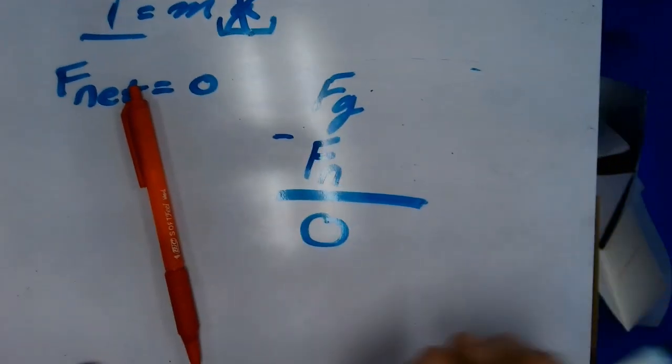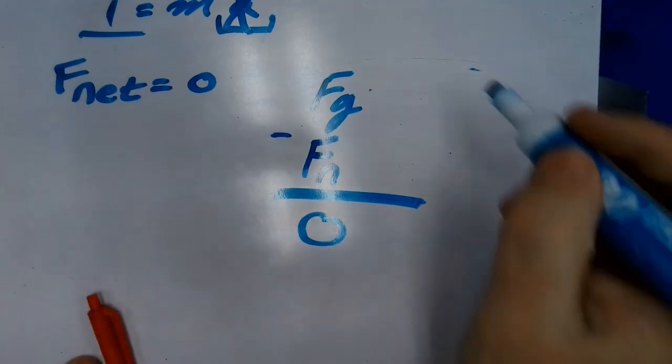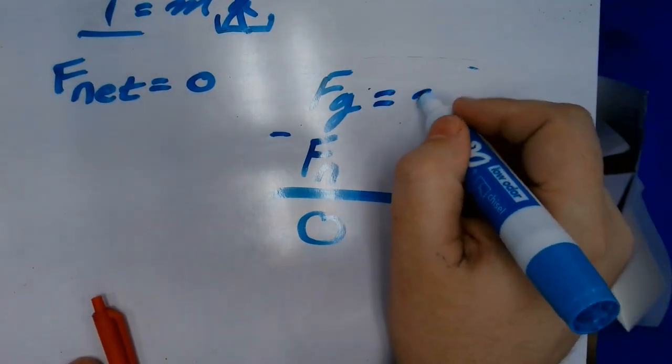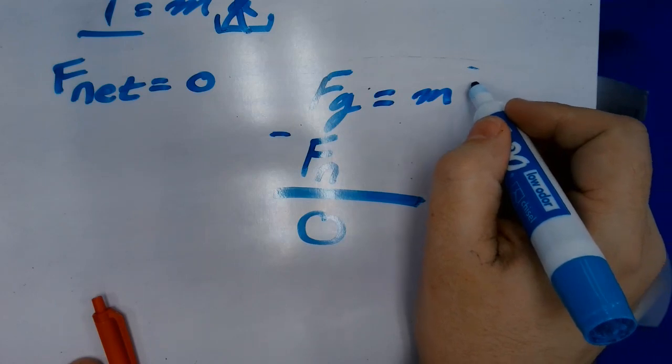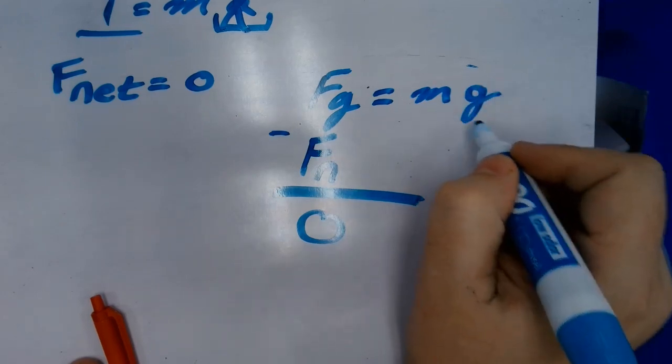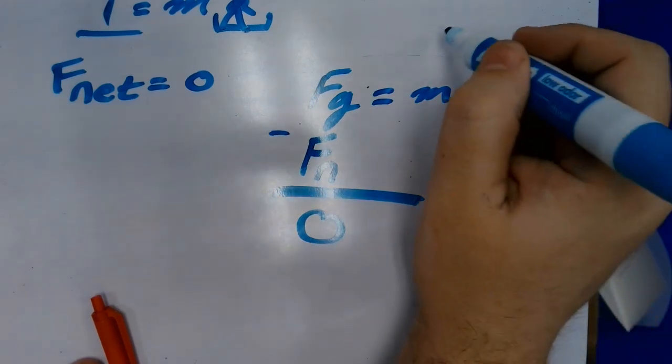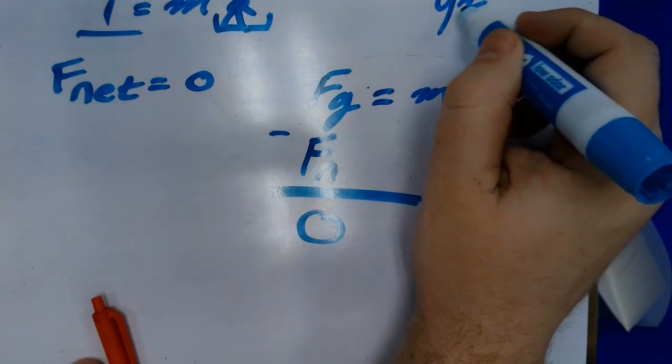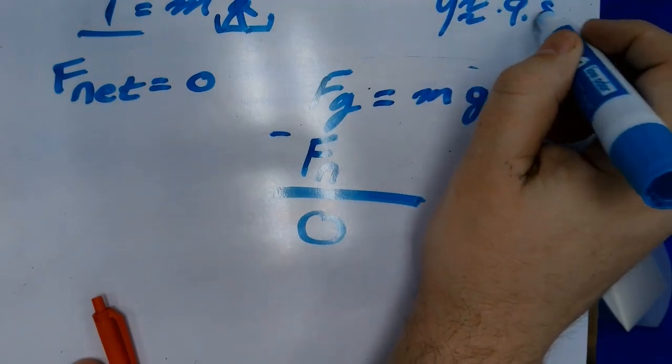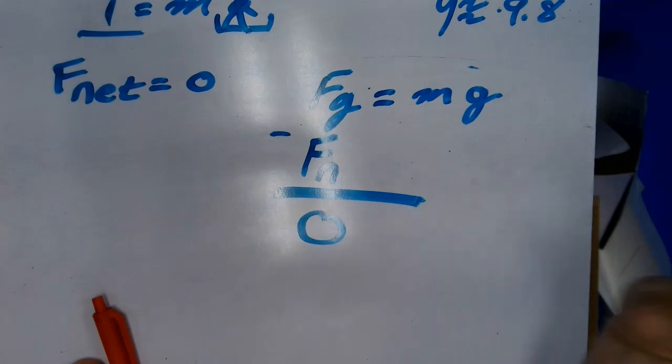Now, a very common mistake that students make is they see the force of gravity is going to equal the mass times g. G here is approximately 9.8. And that's just relative to the surface of the Earth, and it will depend where you are on the Earth. It will depend on your altitude.